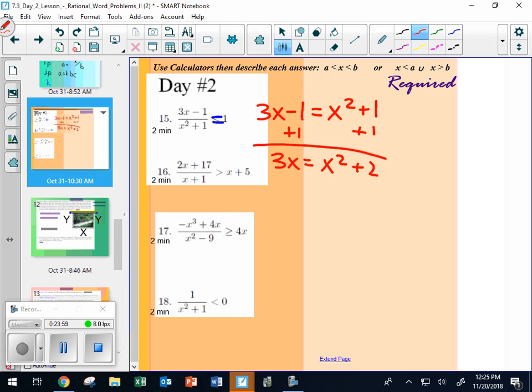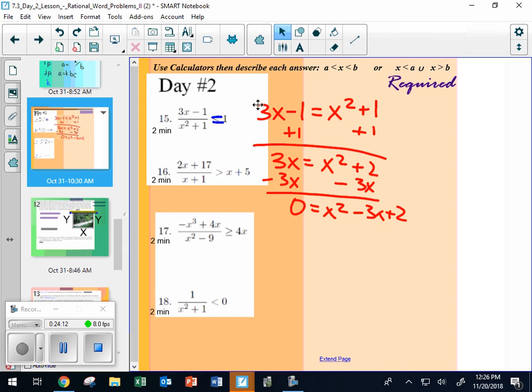Okay. Subtract 3x from both sides. So we have 0 is equal to x squared minus 3x plus 2. Row 6, person 2. From here, we want to solve and find x.